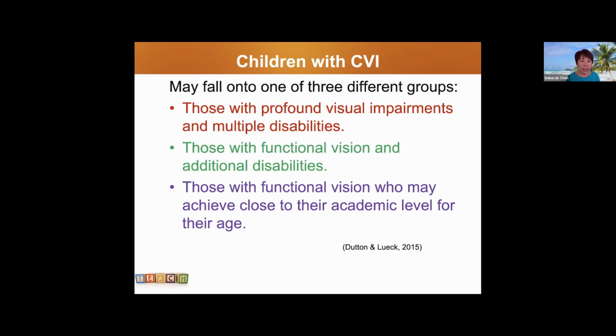And then those that have functional vision and additional disabilities. And finally, those with functional vision who may achieve close to their academic level for their age. So today I'm really focusing on the first 2 groups, those with multiple disabilities as well as additional disabilities.